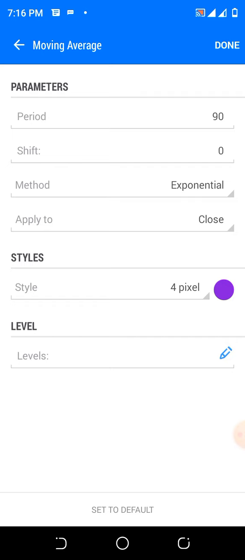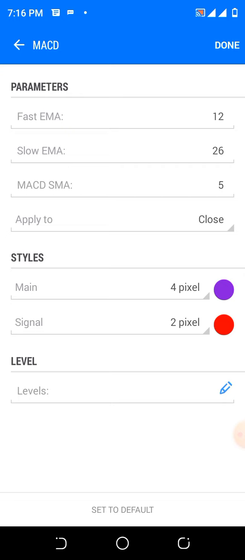Now the second indicator is MACD. The fast EMA is 12. Slow EMA is 26. MACD SMA 5. Apply to close. Do you understand? That is all about the indicators.